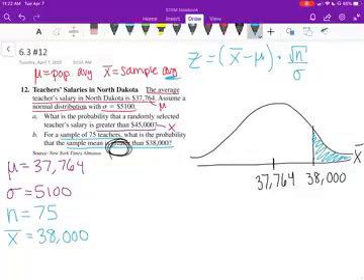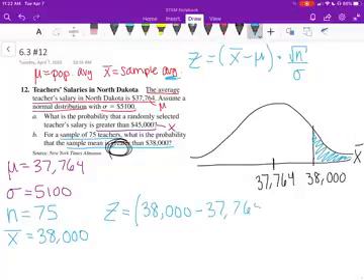So let's calculate Z. So Z is equal to X bar is 38,000 minus our mu, which is 37,764, times the square root of N, which is 75, over sigma, which is 5,100.